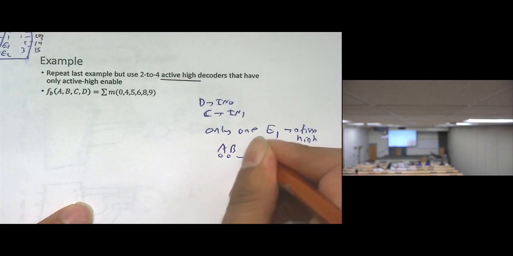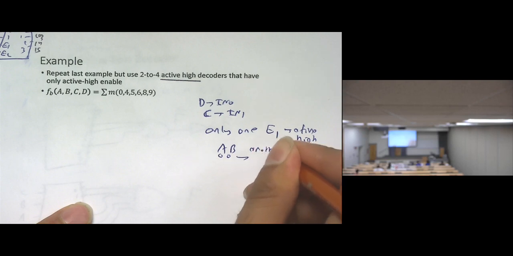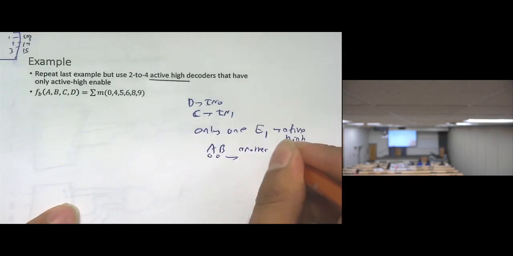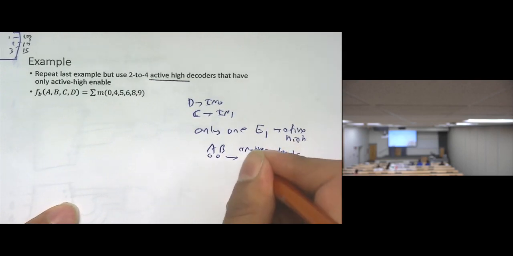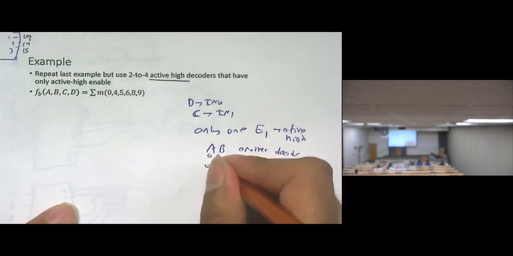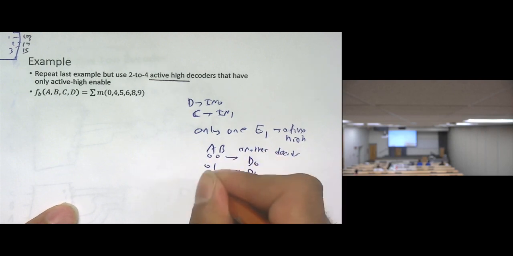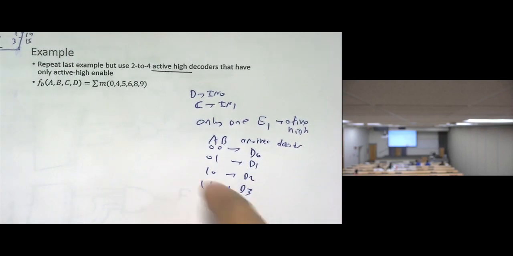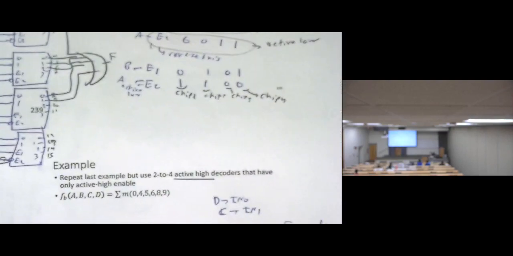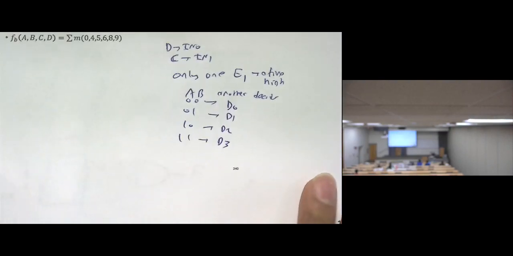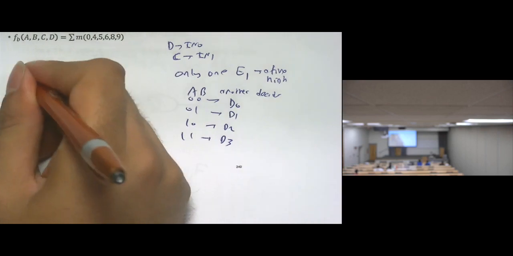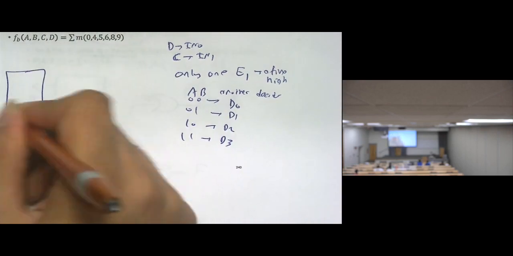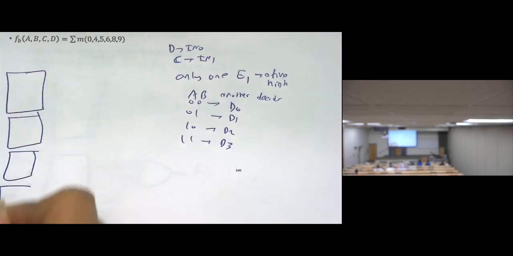If I connected it to another decoder, it's going to be D0, 0, 1, D1, 1, 0, D2, 1, 1, D3. So basically, instead of making all of these chips like that, I'm going to make it like another decoder.